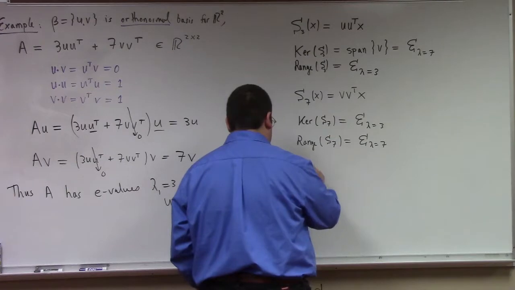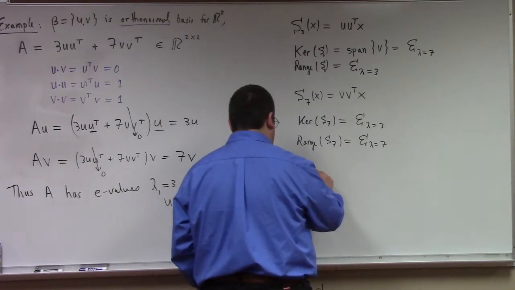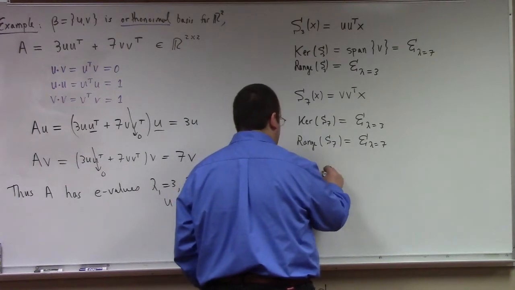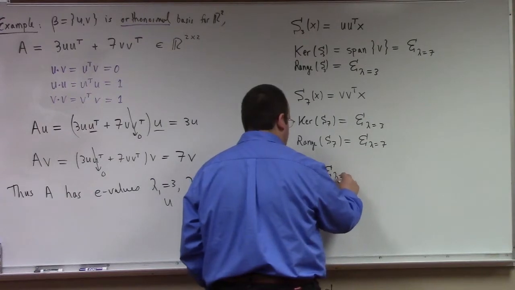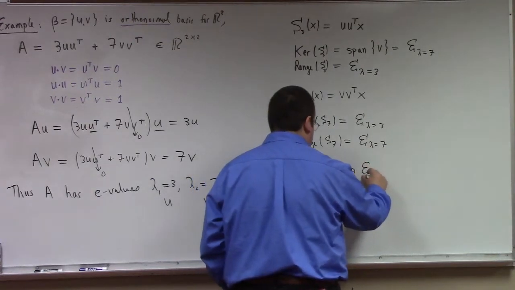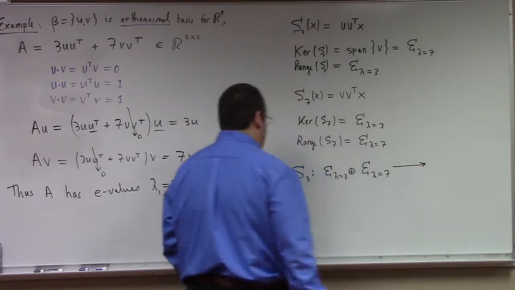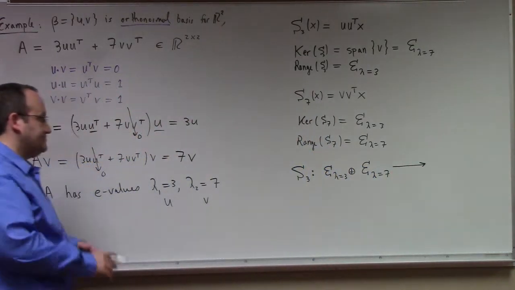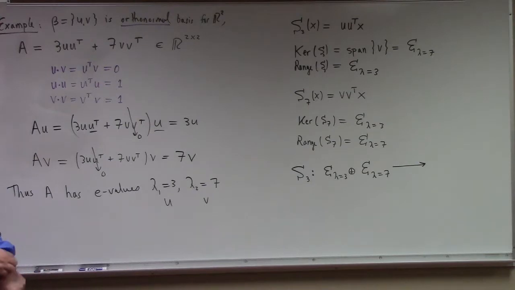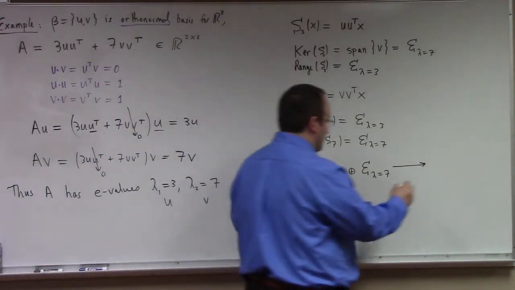So what's going on here? S sub 3, it's a mapping from the direct sum of the lambda equals 3 eigenspace and the lambda equals 7 eigenspace. And what's it mapping to? It's mapping to just the 3 eigenspace, right?